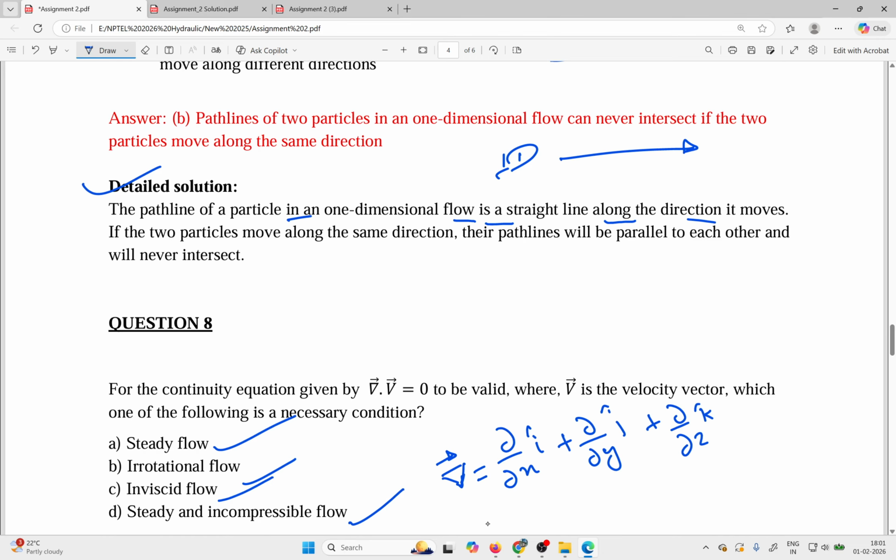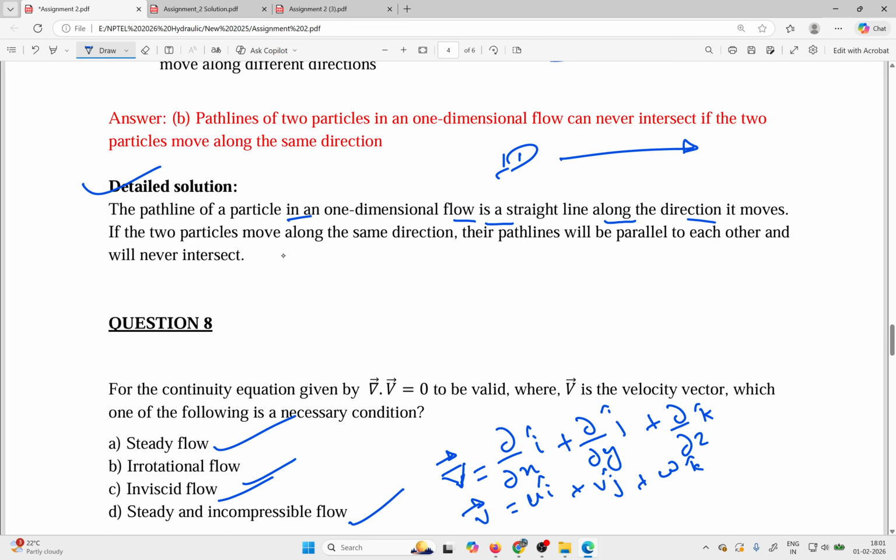Now, what is your V vector? Vector V is ui plus vj plus wk. Once you multiply these two, i dot i will be 1, but i dot j will be 0, i dot k will be 0. Similarly, j dot j will be 1 and j dot i will be 0. I hope you all know vector calculus.